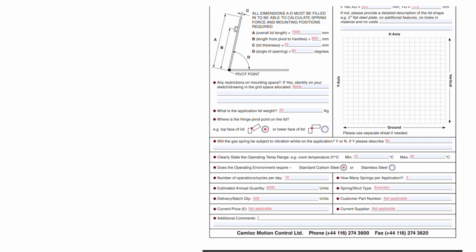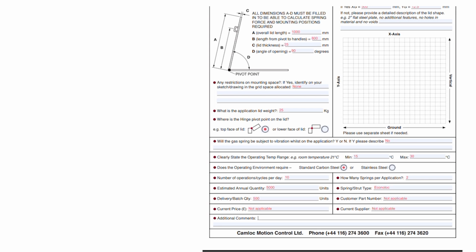Finally, there's a space for any additional comments you want to make. This is a free text area for you, so it's just if you have anything else that you feel is pertinent to us to understand about this application. It could be that this access hatch, we've said it's not exposed to it, it's indoors, it's not exposed to any sort of particular difficult environment, but there are applications where it could be.